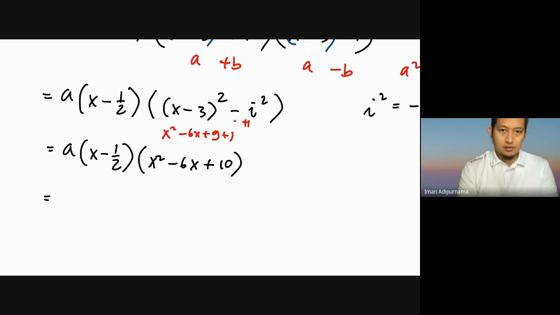And then let's multiply one by one. So multiply all here, x cubed, and then minus half x squared, and then minus 6x squared, or let me write one by one.